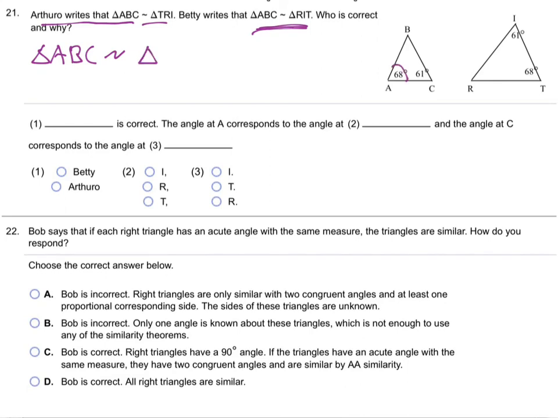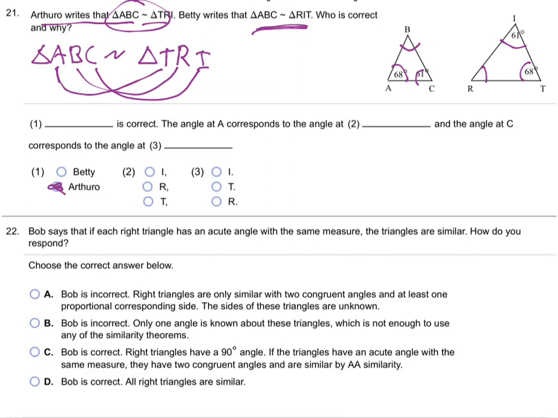A is the 68-degree angle. That has to go with what? T, doesn't it? A has to go with T, and then B has to go, what's B? B is the blank one. B has to go with R, and then C is the 61, that has to go with I. TRI, oh yeah, so it's this way, it's Arturo.